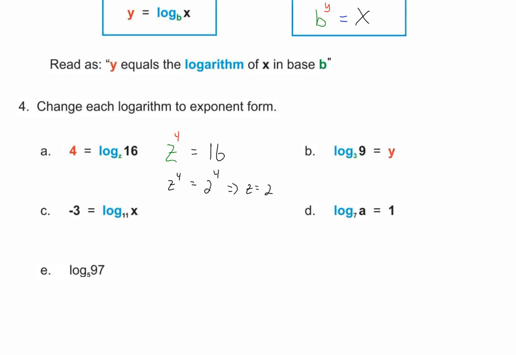Take a look at the second one here to the right, B. We have y equals the log of 9 in base 3, or the log of 9 in base 3 equals y. Left side, right side, symmetric property, not a problem. Let's convert that. The base is 3, the exponent is y, and it equals 9.